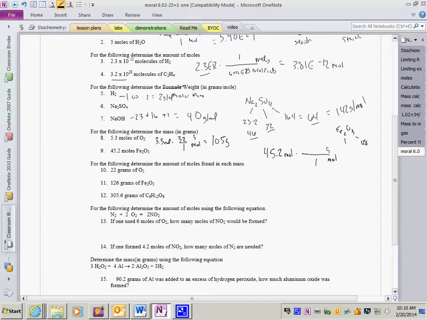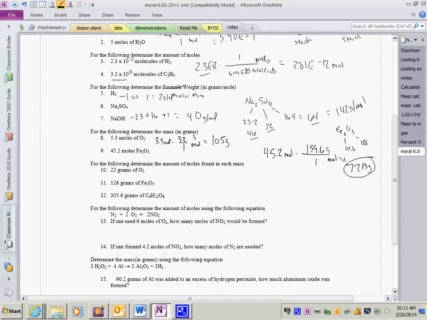Pretty simple math, 111.6. Again, I'll just write that down. 111.6 plus the 48 equals 159. That's how much 1 mole weighs. So if we have 45.2 of those, it is a pretty large number, 7,213 grams.